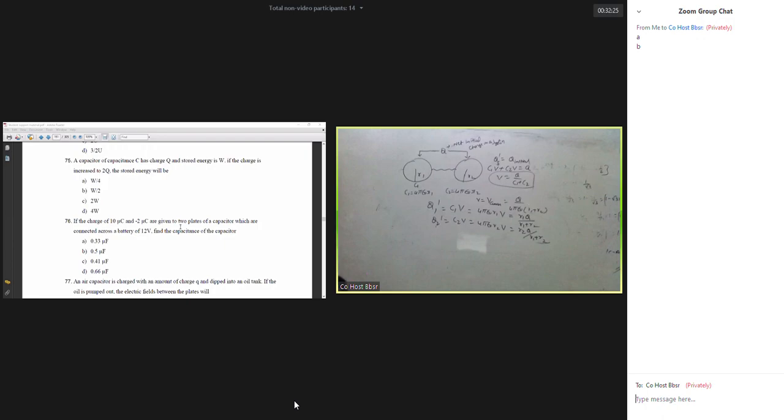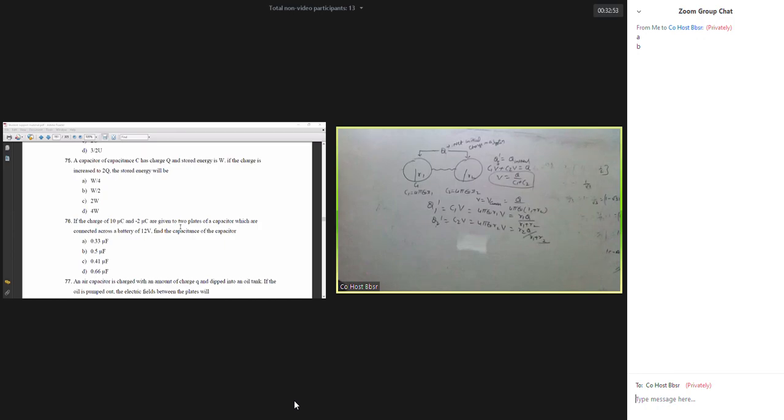Charges of 10 and minus 2 are given to the plates of a capacitor which is connected across a battery of 12 volts. Find the capacitance of the capacitor. C equals what?